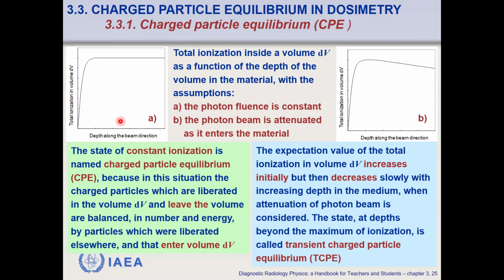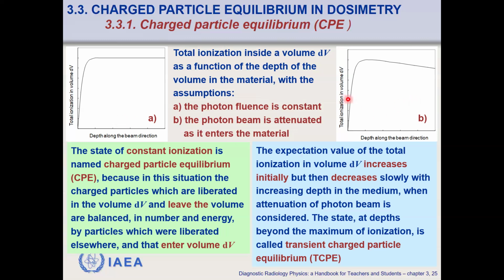This equilibrium stage is reached when the rate of charge deposition in the medium is balanced by the rate of charge removal. So the CPE represents a balanced state where the rate of incoming and outgoing charged particles is constant.